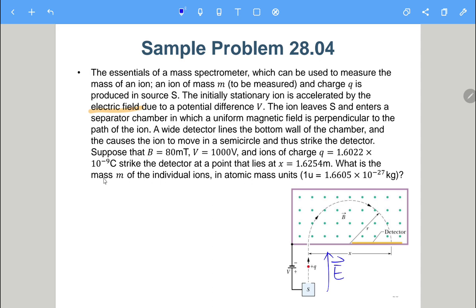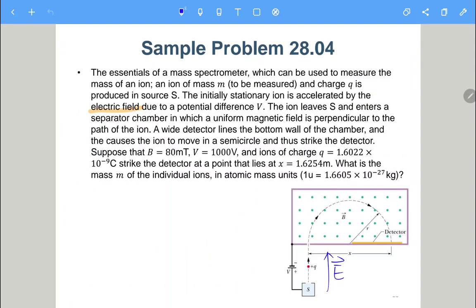So what is the mass of the ion in atomic units? So it divides by this mass, which is something like a proton's mass.